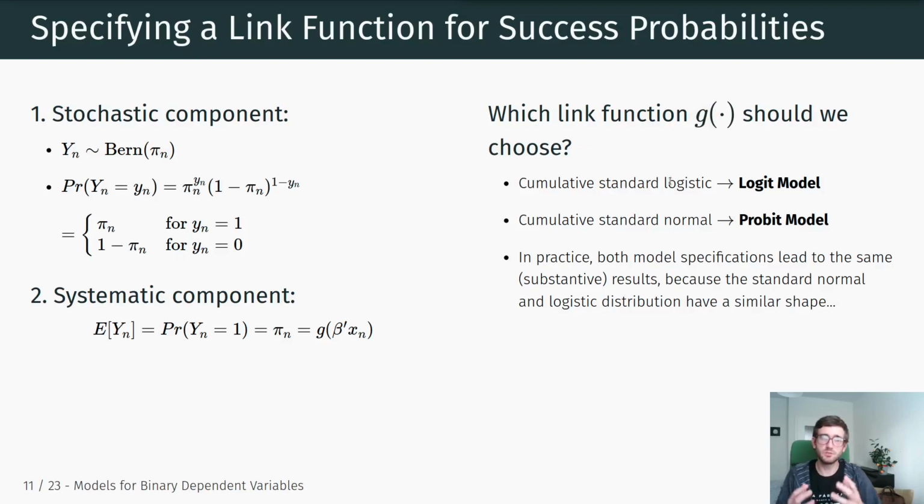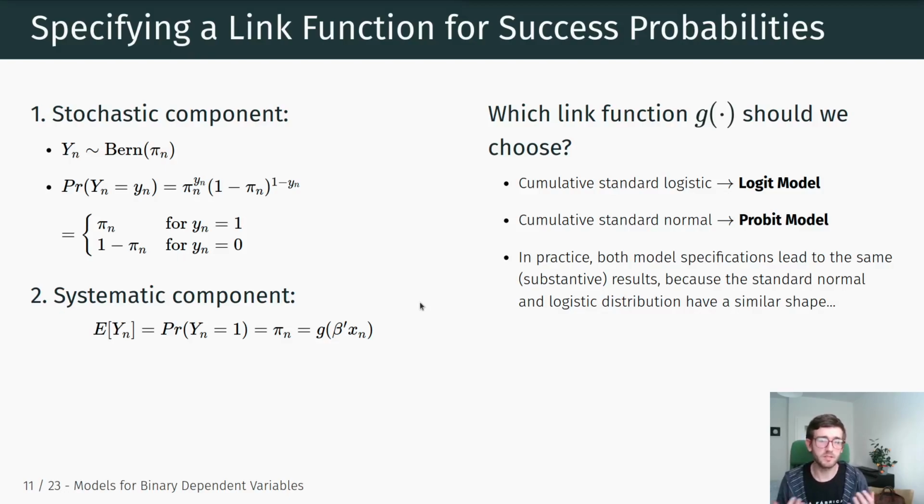Both link functions do essentially the same thing, right? They take our systematic component, our predictors and our coefficients, and map that into the probability space between 0 and 1. That's all they do. And they do that in slightly different ways, but ultimately the resulting quantities of interest based on the Logit model and based on the Probit model are essentially the same.